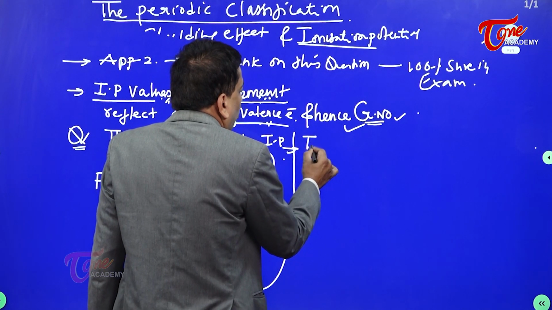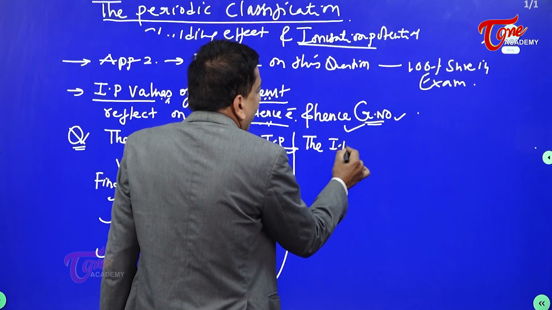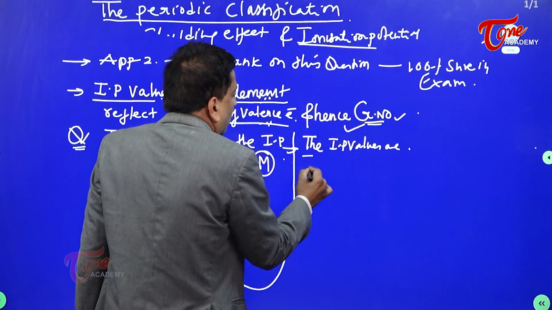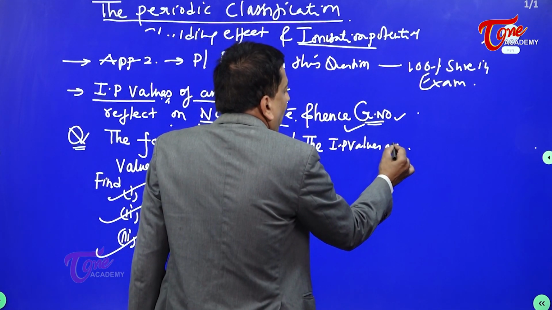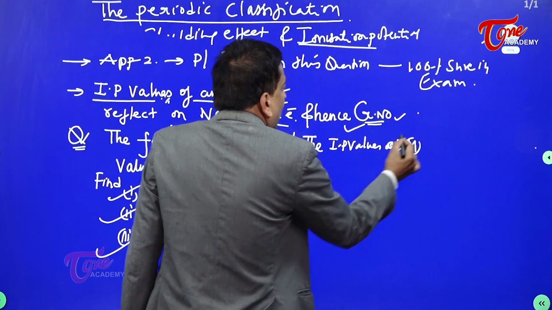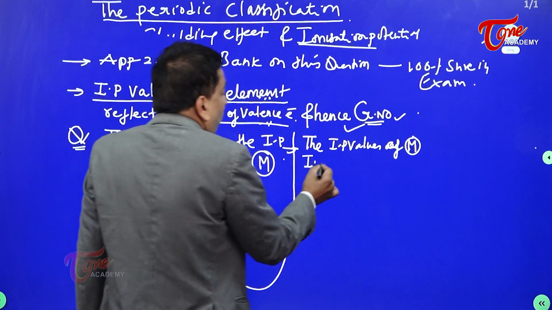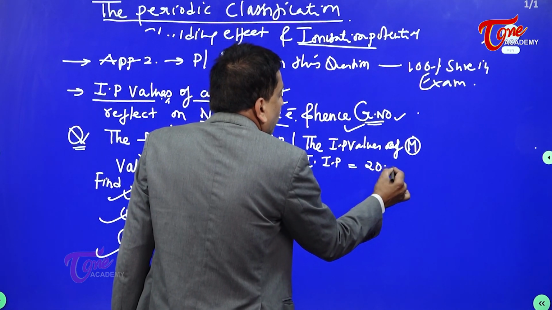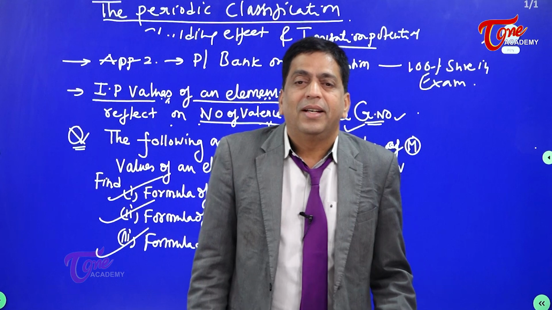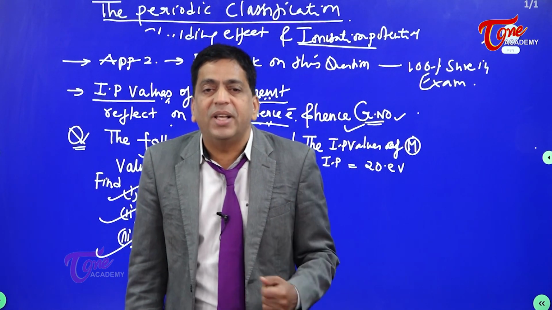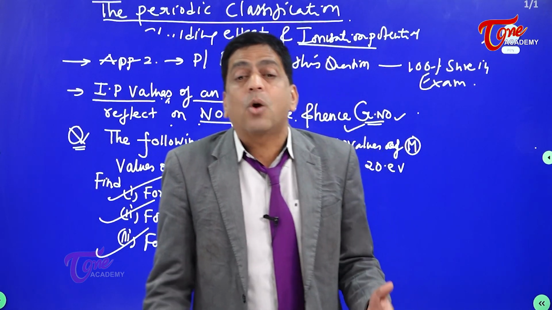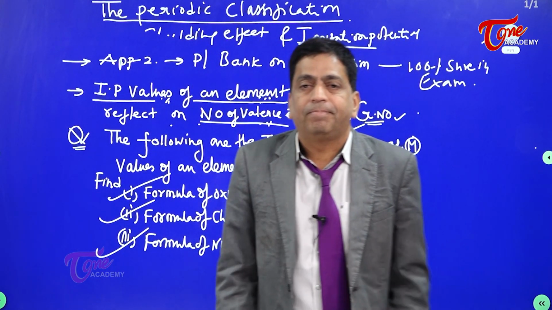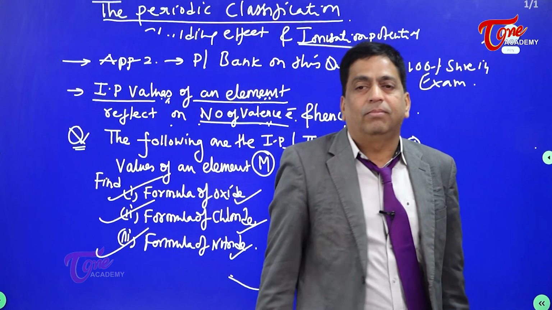The IP values are the first ionization potential of this particular element M, right? The first ionization potential is 20 electron volts. That means the first electron removed from the outermost shell required 20 electron volts of energy to kick it out.